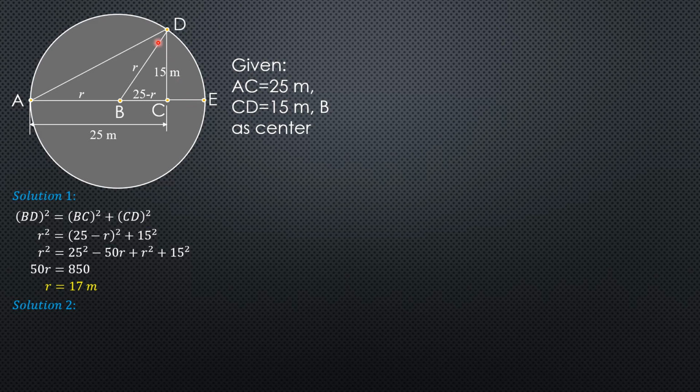Now if we connect D and E, the angle ADE is an inscribed angle subtending this arc, which is occupying 180 degrees because this is the diameter of the circle, and this arc subtends an angle here at the center equal to 180 degrees.